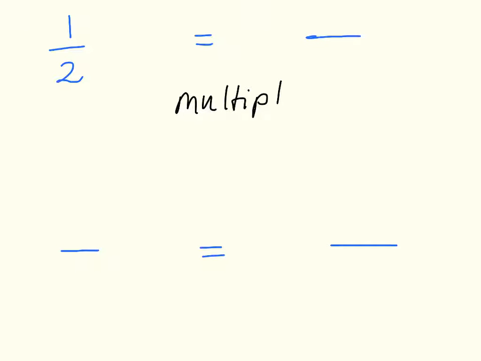Fractions can be shown to be equal in 2 different ways. I can go from large to small by multiplying. And then I can go from small to large by dividing.